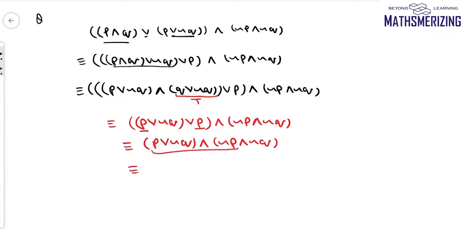So again conjunction is associative, so I can write P or not Q and not P and not Q. So I'll use distributive property again.